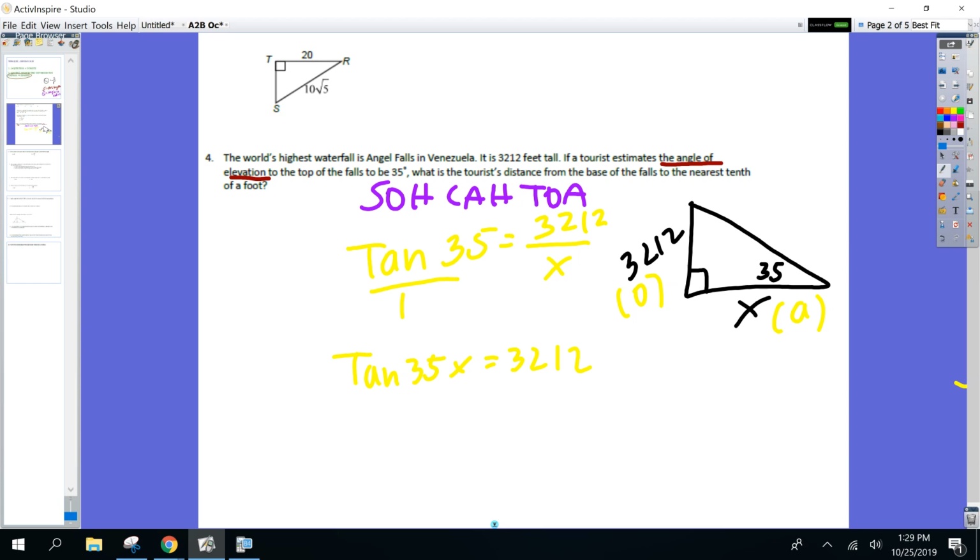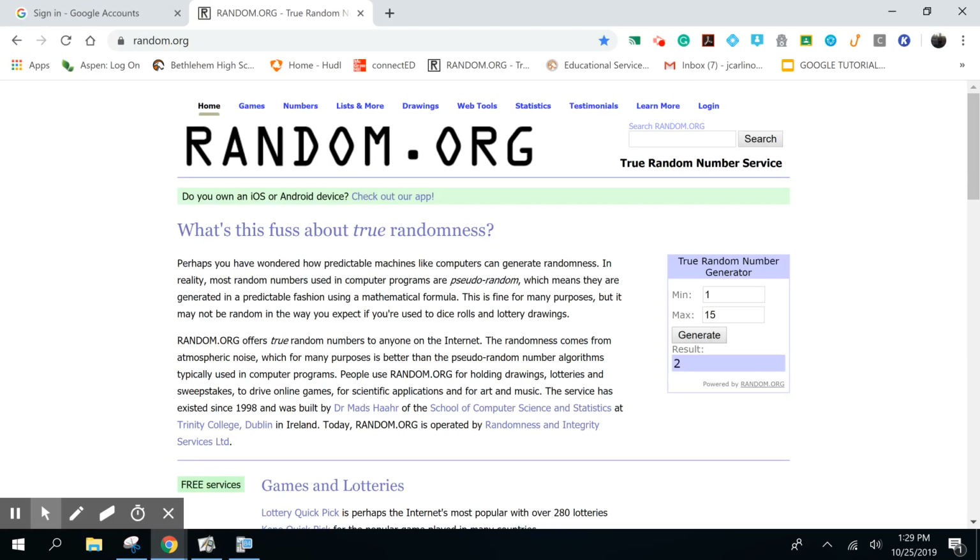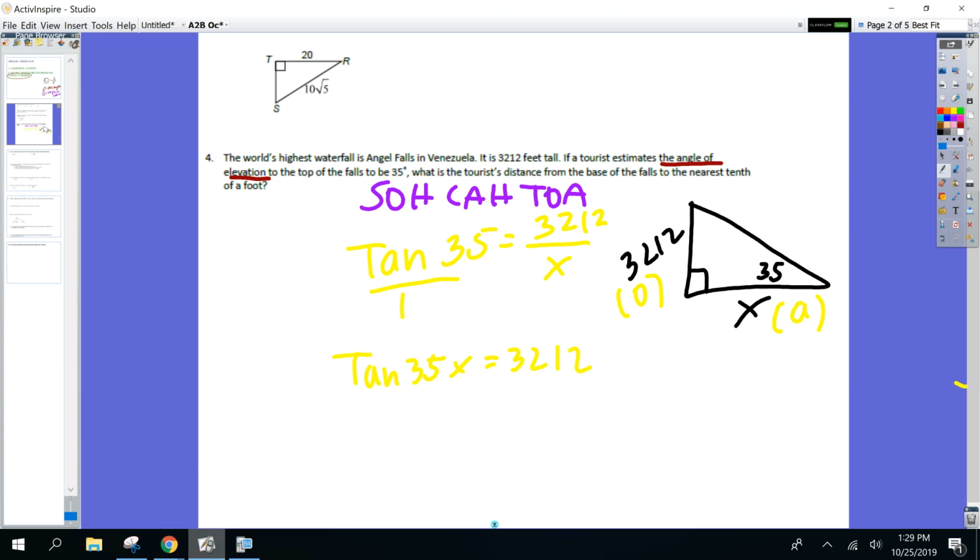How do I get the x by itself? Good. Bring up a fraction template right now in your calculator and divide those 2, and round to the nearest tenth.